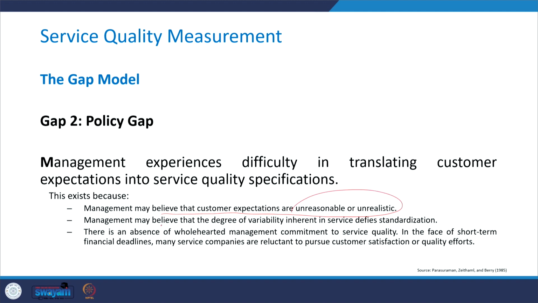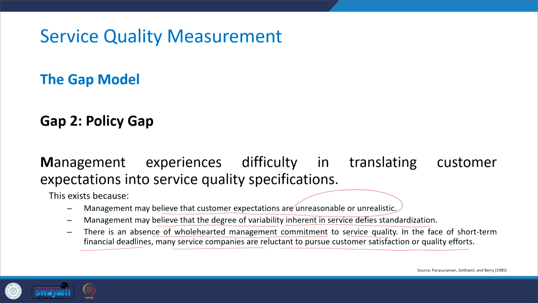Secondly, management may think that the degree of variability inherent in services defies standardization, and hence we can't translate what is expected into actual services. Third, there is an absence of wholehearted management commitment to service quality. In the face of short term financial deadlines, many service companies are reluctant to pursue customer satisfaction and quality efforts. So that's a policy gap.